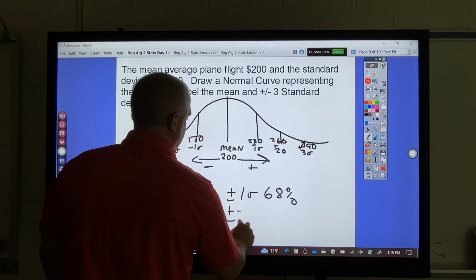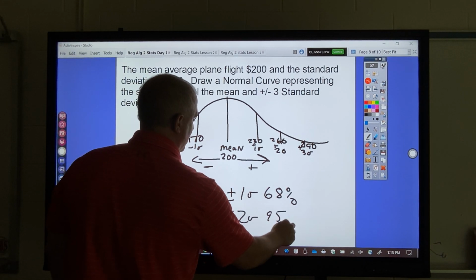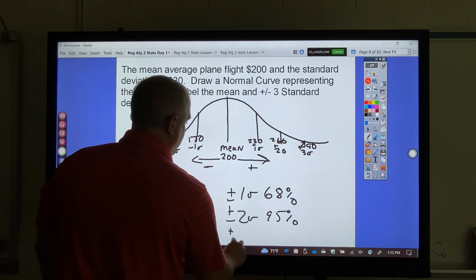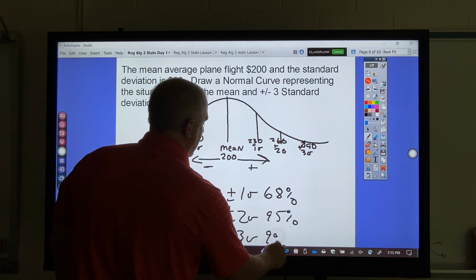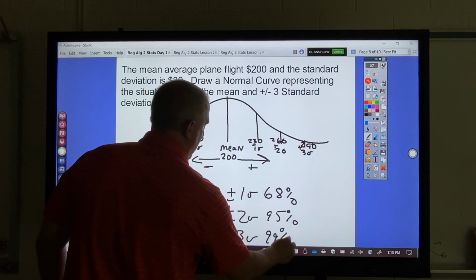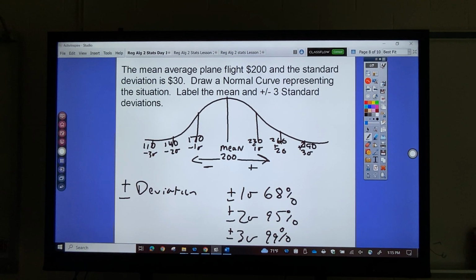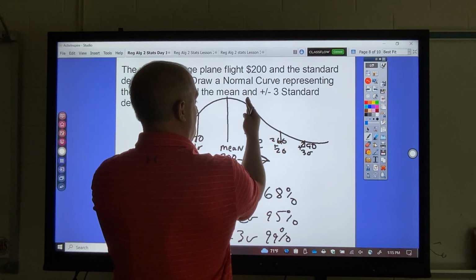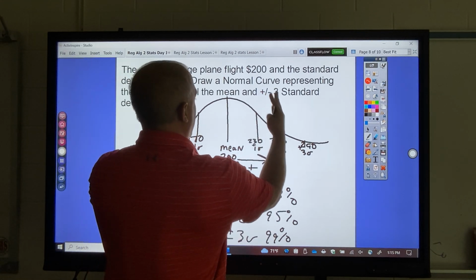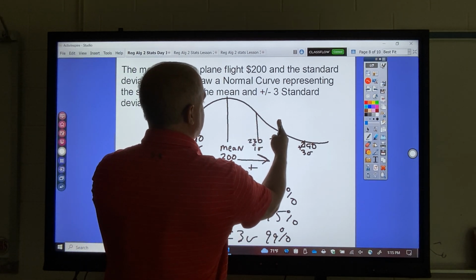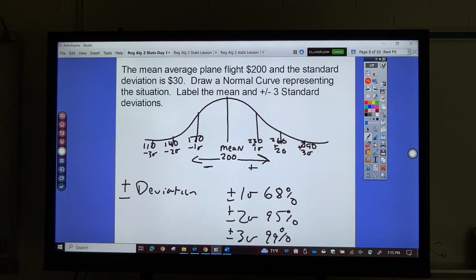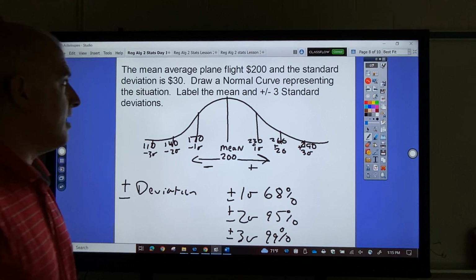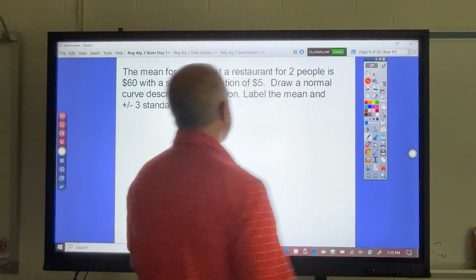Between 2 standard deviations, about 95%. And then between 3 standard deviations is 99%, approximately. So most of your data is around the mean. Then a huge amount of the data, almost all, is within 2 standard deviations. Almost everybody, but a little bit, is within 3. So all we're doing in this lesson is making the curve.